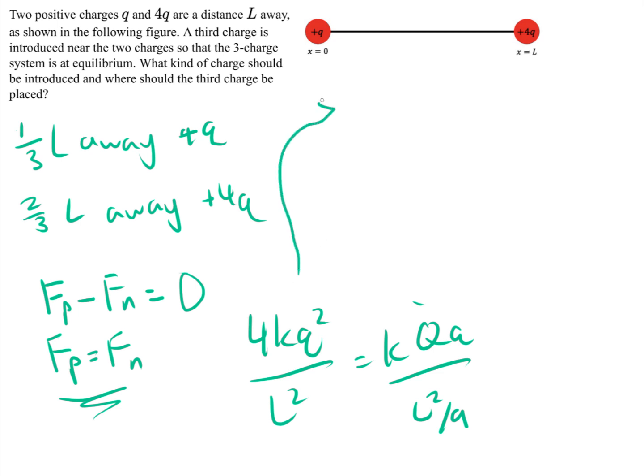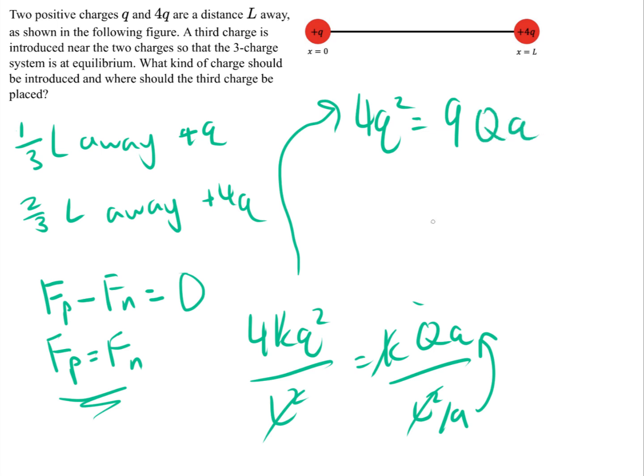The k's cancel out, the L squareds also cancel out, and the 9 moves to the top. So 4q squared is equal to 9Qq.